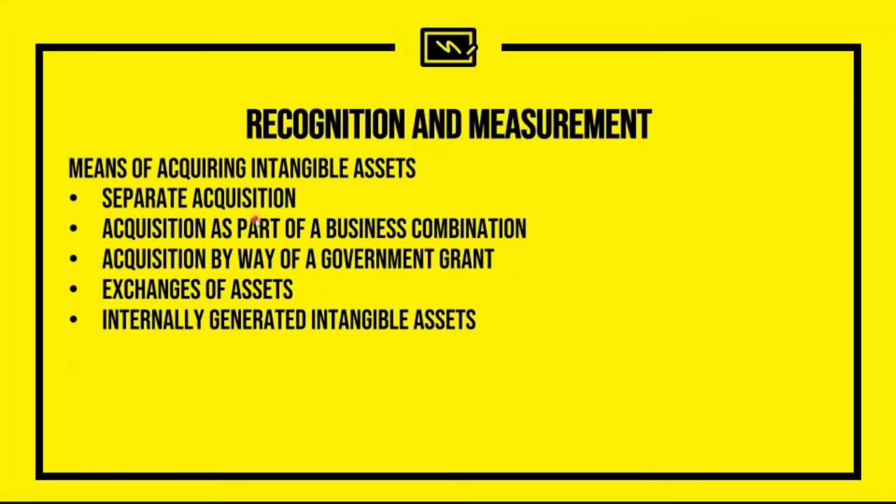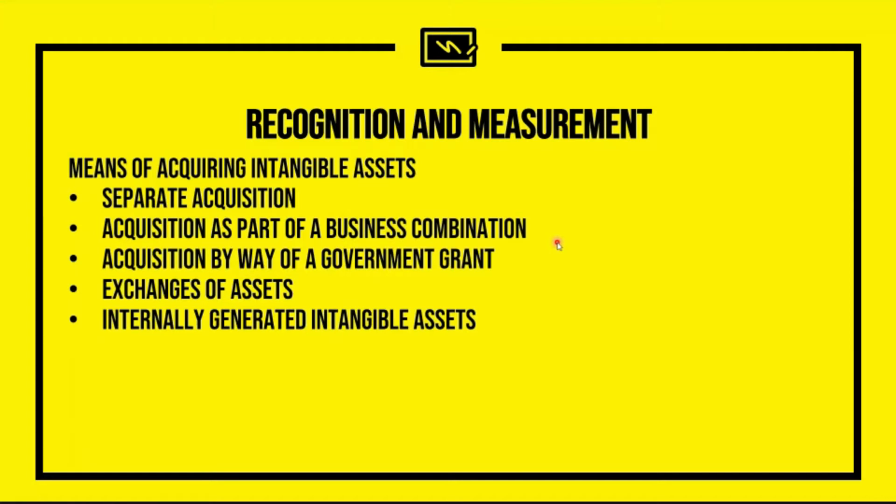Aside from that, it is possible for us to acquire an intangible asset as part of a business combination. In this case, acquisition of an intangible asset under a business combination will generally use the fair value of the intangible asset that was acquired, similar to what you learned in business combination in advanced financial accounting and reporting.